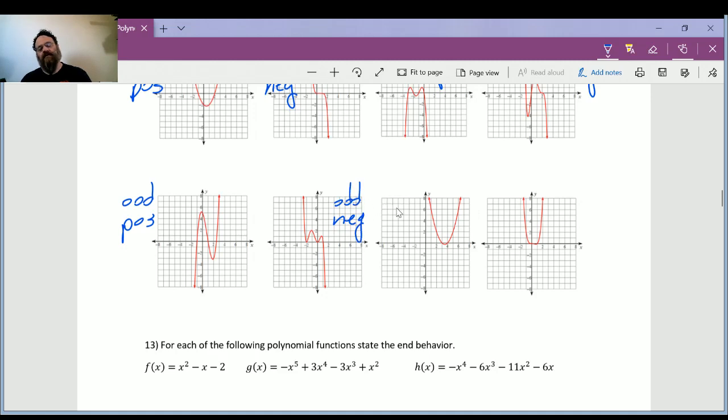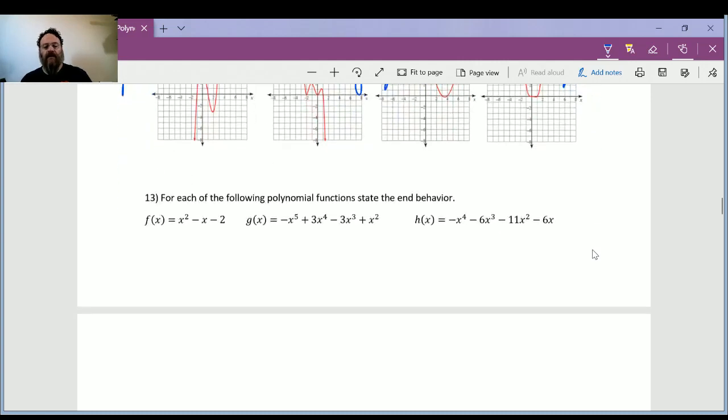No, that's odd, sorry, odd. This one is even and positive. And finally, this one here is also even and positive. Okay, there we go. That's all you need to do.